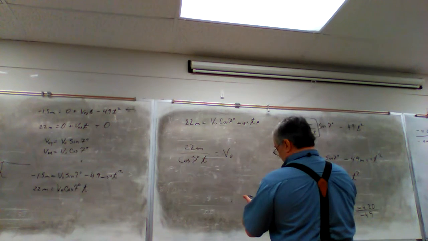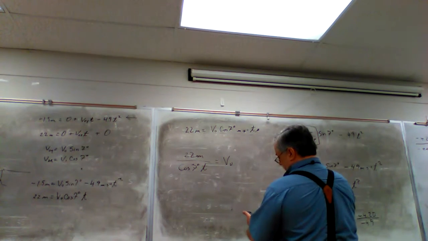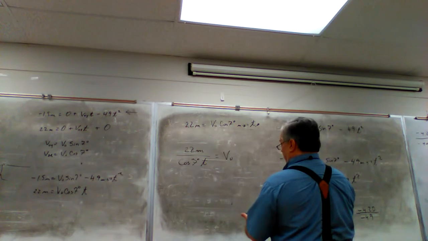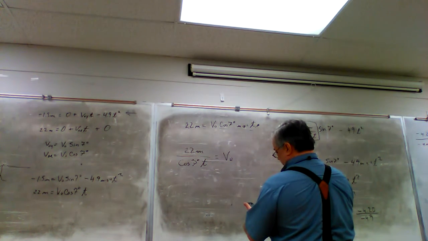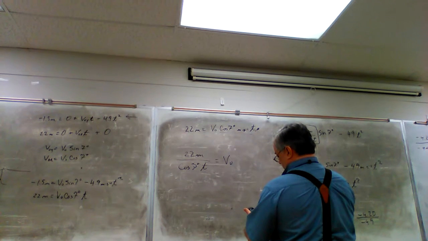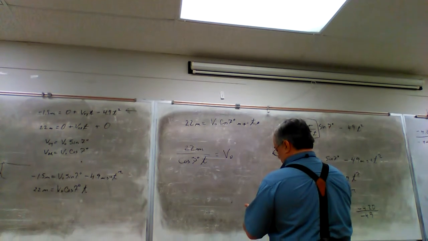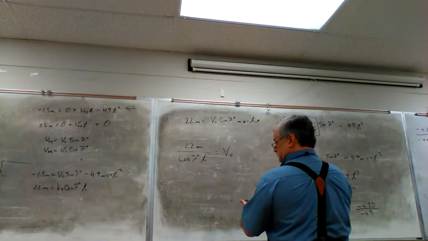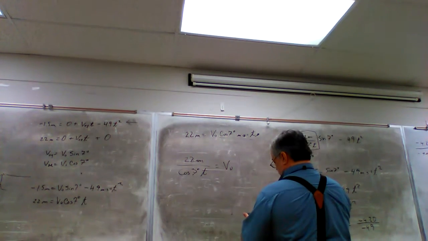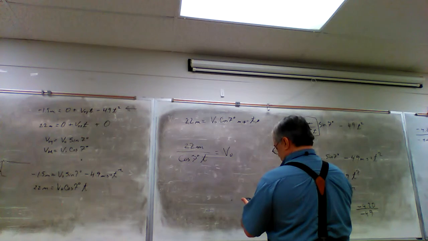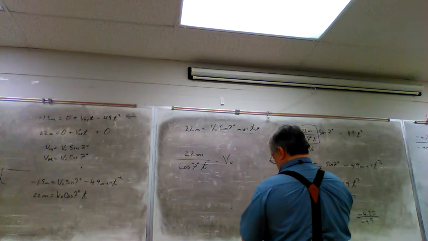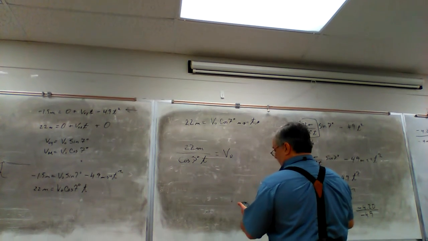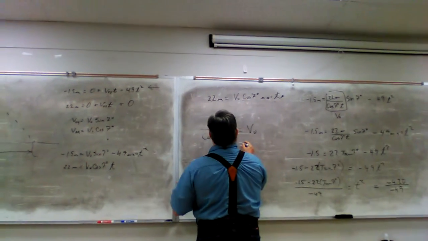Well, let's see, 22 divided by 0.93 times the cosine of 7 gives you v sub naught.